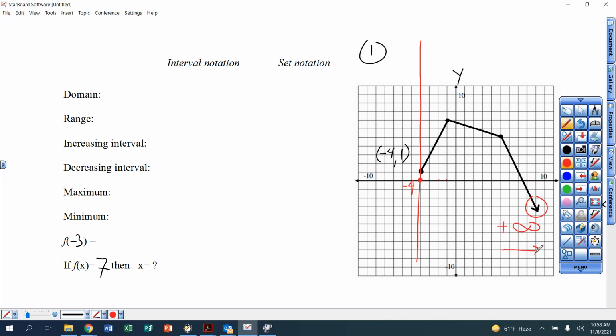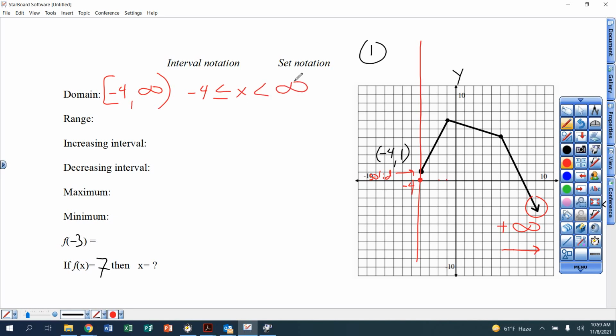So for my domain, it's going to be square bracket because that endpoint is a solid circle. That's why it's square. From -4, comma, infinity, rounded.